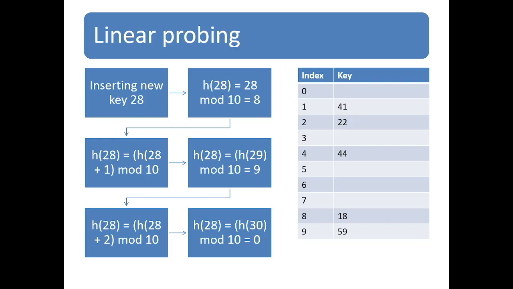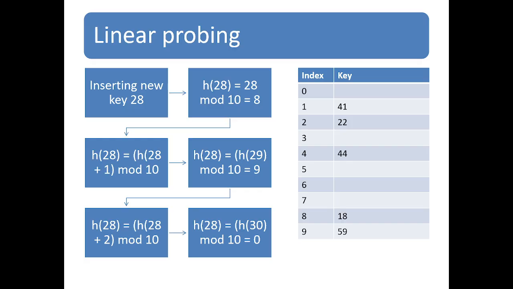So for example, say I were to insert 28 into my table. Once I hash 28, I will get 8. But index 8 has 18 in it. So I will use linear probing to find another slot.